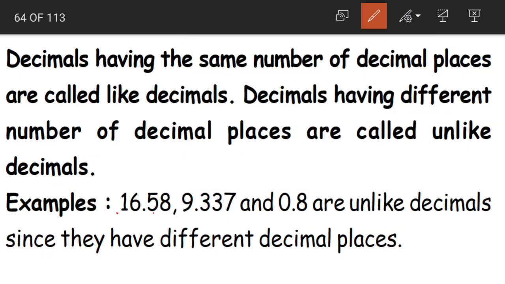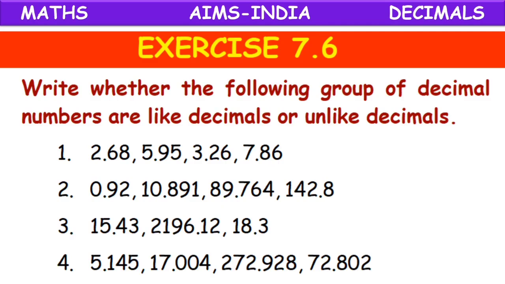For 16.58 we have two decimal places, for 9.337 we have three decimal places, and for 0.8 we have only one decimal place. As the given three numbers have different decimal places, we call them unlike decimals.